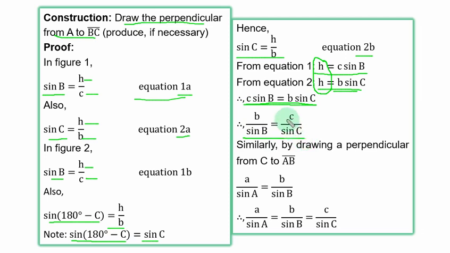In other words, if you come here and cross multiply in this form, you have c times sine B. You have this result.